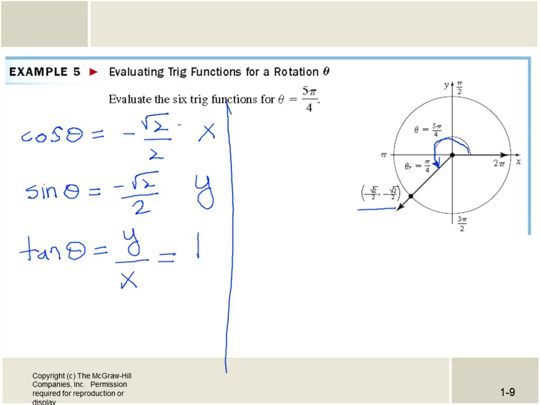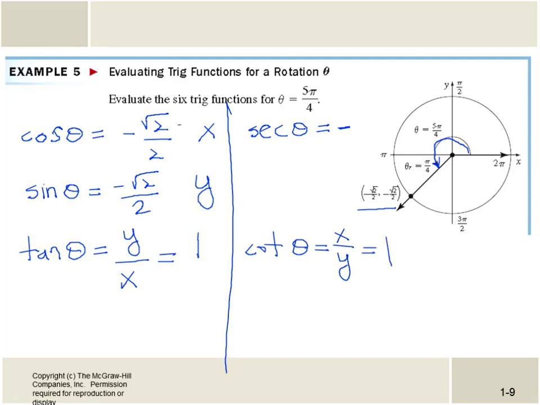Then the secant of theta is equal to just the reciprocal of this. Yes, it would be the same. Exactly, because it's just the reciprocal, right? So the cotangent of theta is going to be x over y, but it's still 1. Doesn't make a difference, right?